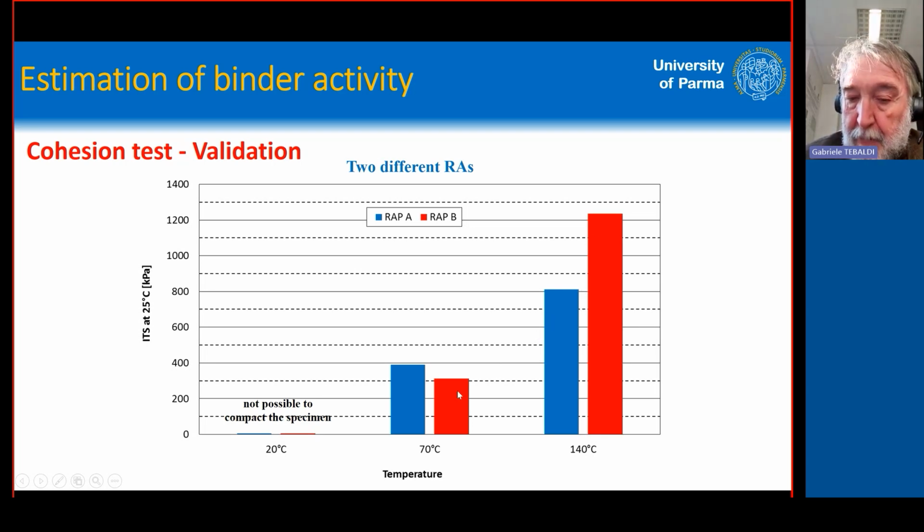It means that probably the bitumen in the wrap B is much stiffer than the bitumen in the wrap A, but as soon as we reach higher temperature, there is the possibility to mobilize this bitumen. And probably the amount of available bitumen is much higher in the wrap B than in the wrap A. You can see that wrap A is probably softer, but there is less bitumen available.